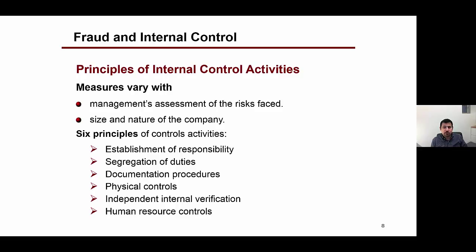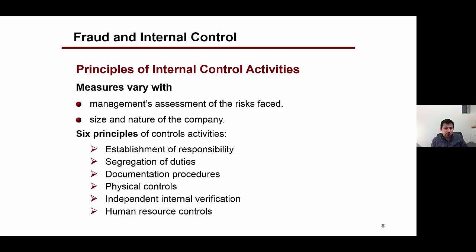Documentation procedures simply means that the company should not, for example, make any payments without invoices, etc. Should keep track of numbers of checks. Physical controls means that you need to use, for example, a safe to save the cash. You don't leave the cash or checks laying around, etc. Keep certain doors locked physically.